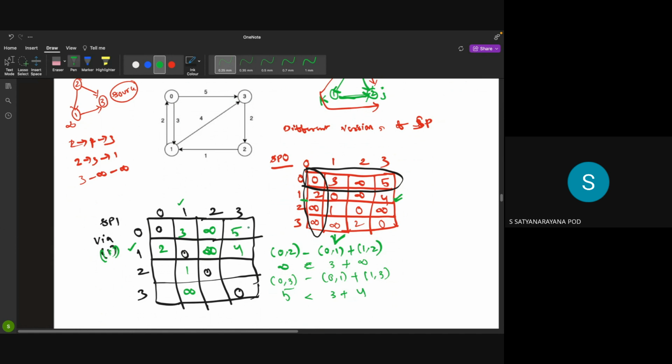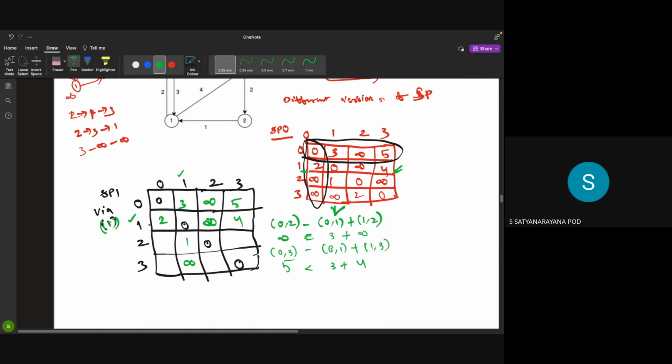No issue. Next. So this one you need not touch it, because this is already filled from the previous thing. No issue, because via 1 means previous matrix values, we are getting all first row and first column okay. Next we are going to this place. So when you are going for this place, 2 to 0 we are trying. So what are the different ways for 2 to 0?